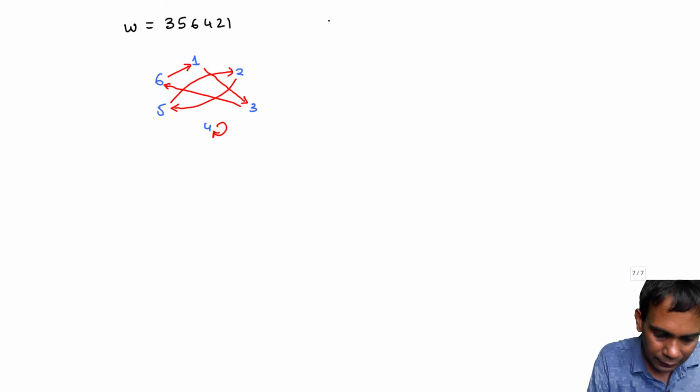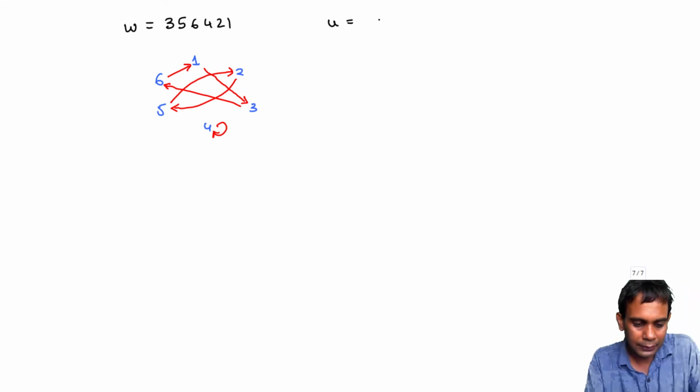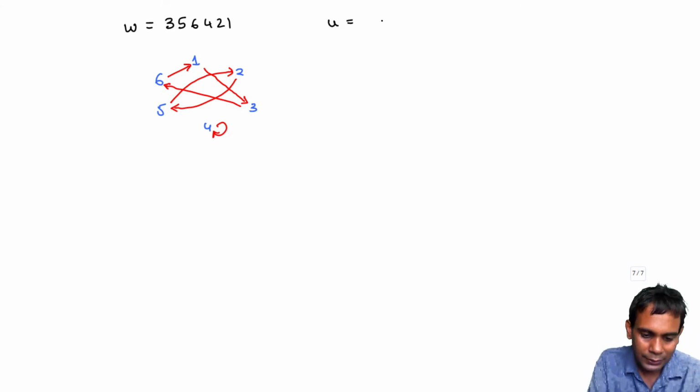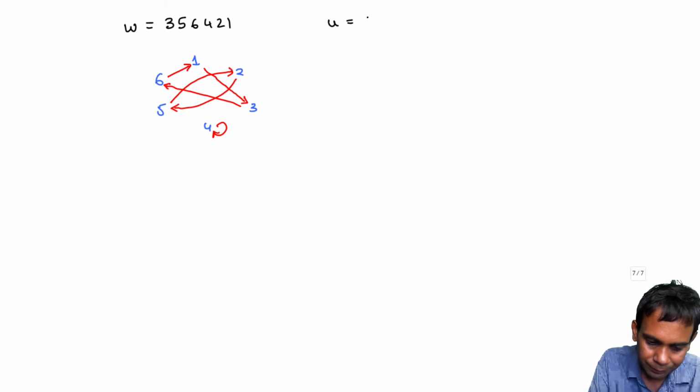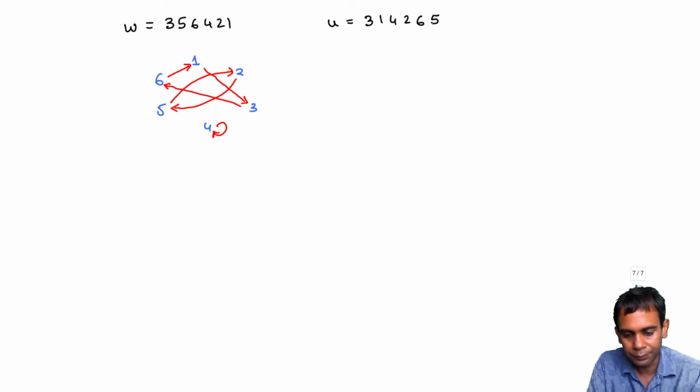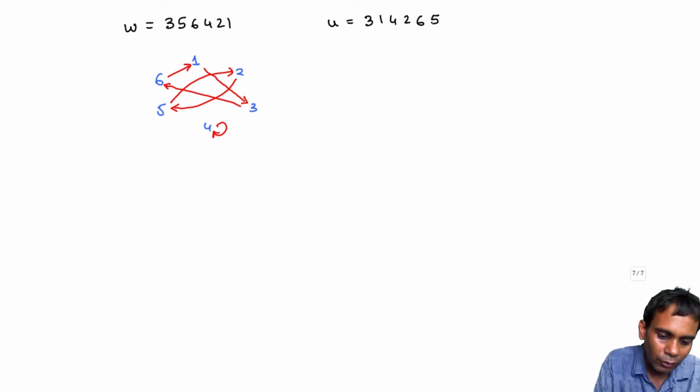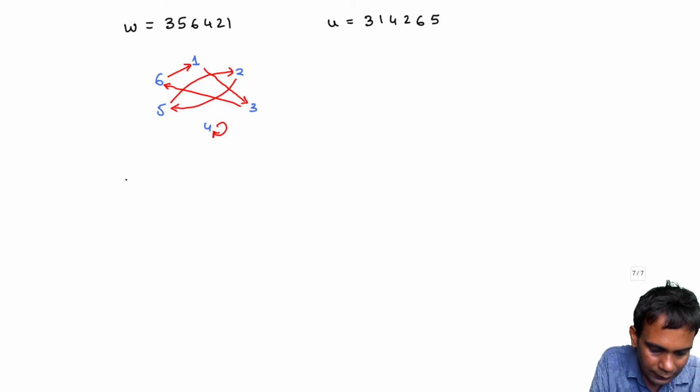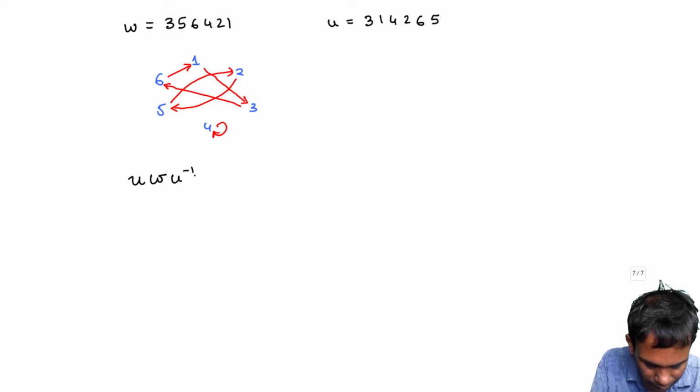So let's take U to be some other permutation. Let's say U is 3, 1, 4, 2, 6, 5. What I want to know is what is U W U inverse.